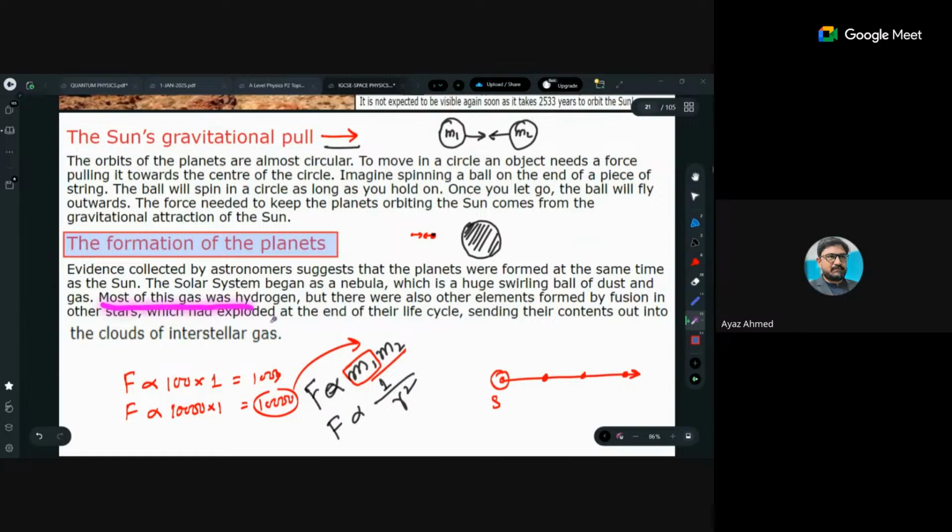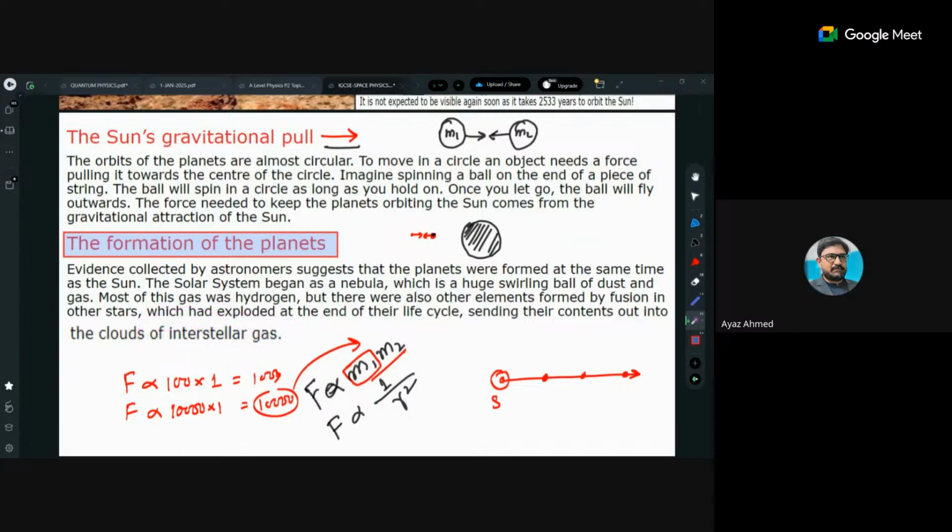Most of the gases were hydrogen, but there were also other elements formed by the fusion in the other stars which had exploded at the end of their life cycle, sending their contents out into the clouds of interstellar gases.